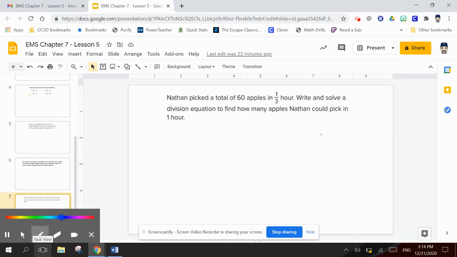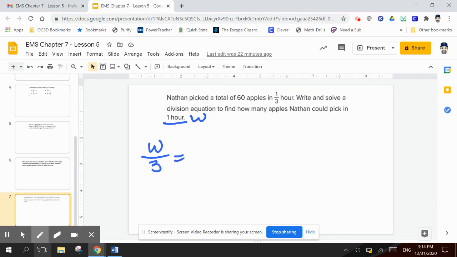So we look at the last one. Nathan picked a total of 60 apples in 1/3 hour. Write and solve a division equation to find how many apples he could pick in 1 hour. So 1/3 of an hour. So we want 1 hour. My variable is W over 3 equals 60.